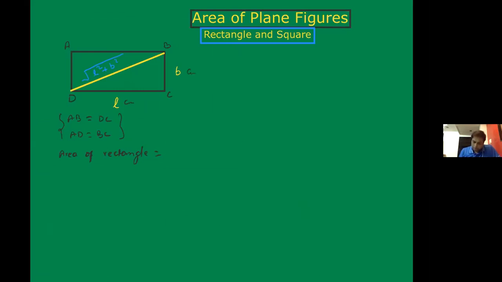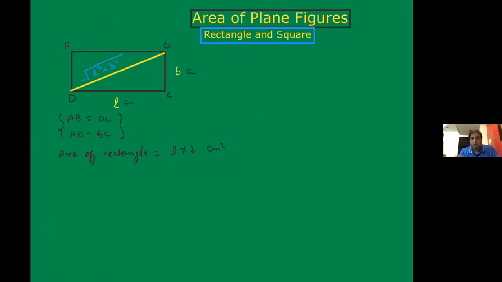So area of the rectangle is length into breadth. Length is L centimeter and breadth is B centimeter, so it will be centimeter square. If any question comes where the length and breadth of a rectangle are given, how to find the area?